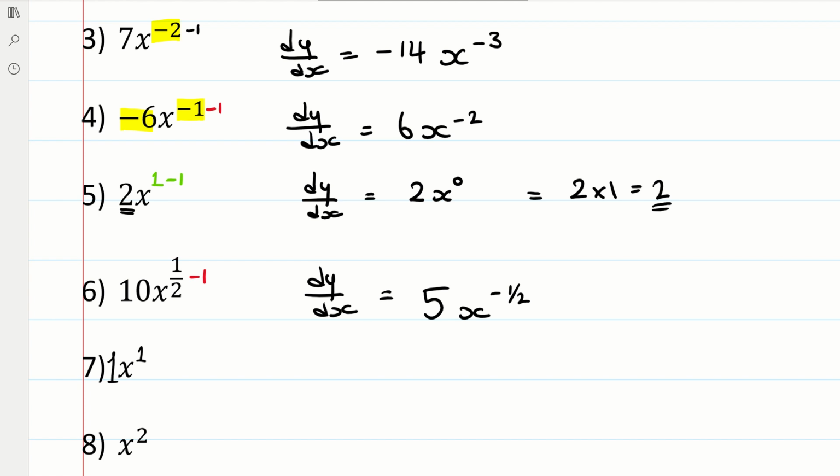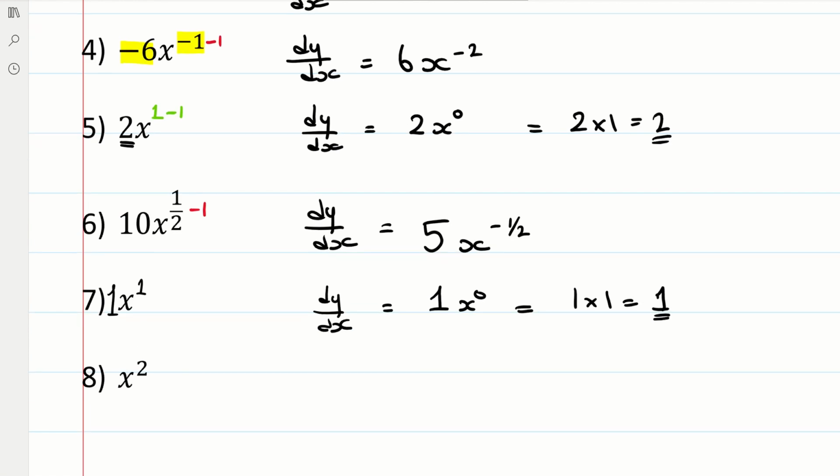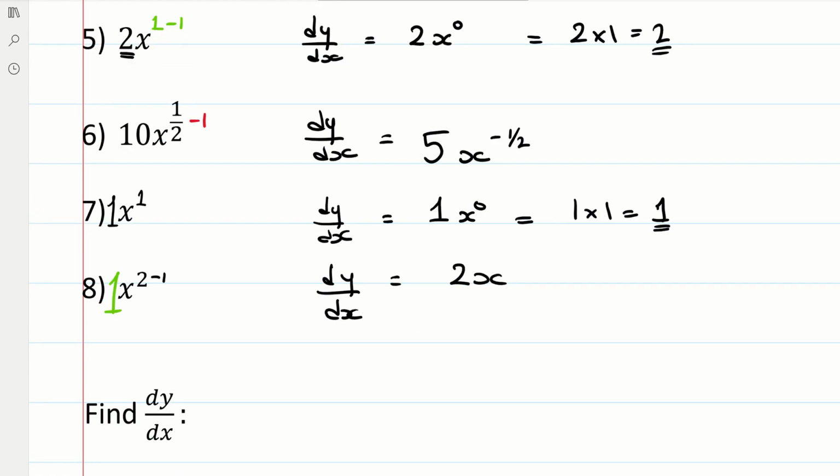So 1 times 1 is 1, x to the power of 0, which is 1, that's 1. And this, of course, there's an invisible 1. 2 times 1 is 2. And then x minus 1, 2x. We don't need to put to the power of 1.